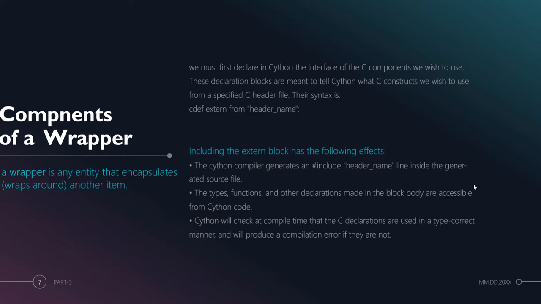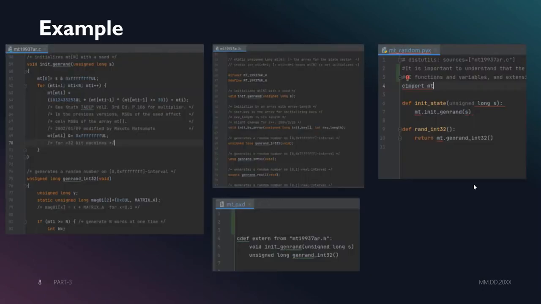Cython will check at compile time that the C declarations are used in a type correct manner and will produce a compilation error if they are not. So this cdef extern is a critical key line you will see whenever you're trying to create wrappers.